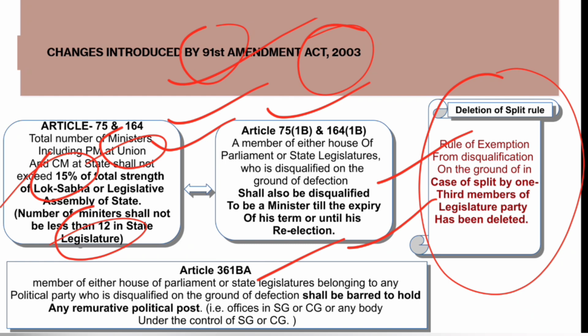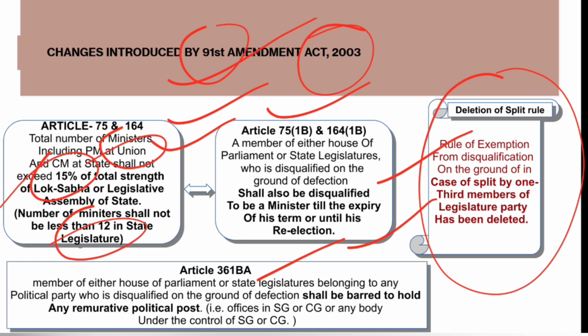So if a member is disqualified due to defection, then in that case he can also not be a minister, and that goes on until the expiry of the term, or if before expiry of the term he is re-elected, until that re-election. So this is also added by this Amendment Act.